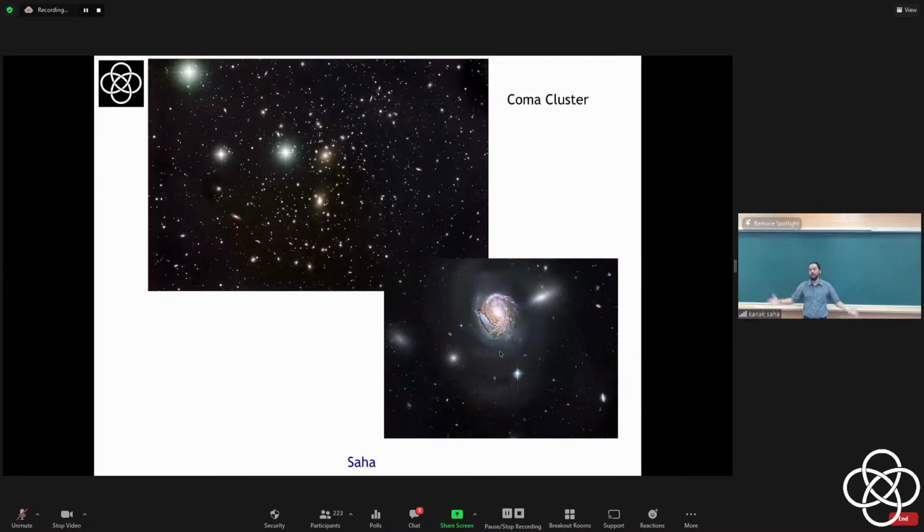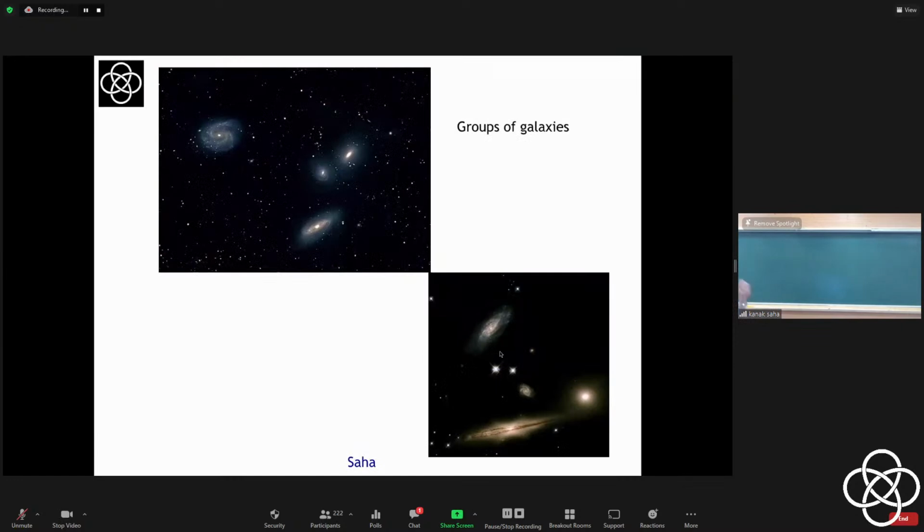So the question that comes to your mind, or everyone's, is how far the galaxy extends, or what is the real size of a galaxy? So that's another interesting thing which you can try to answer.